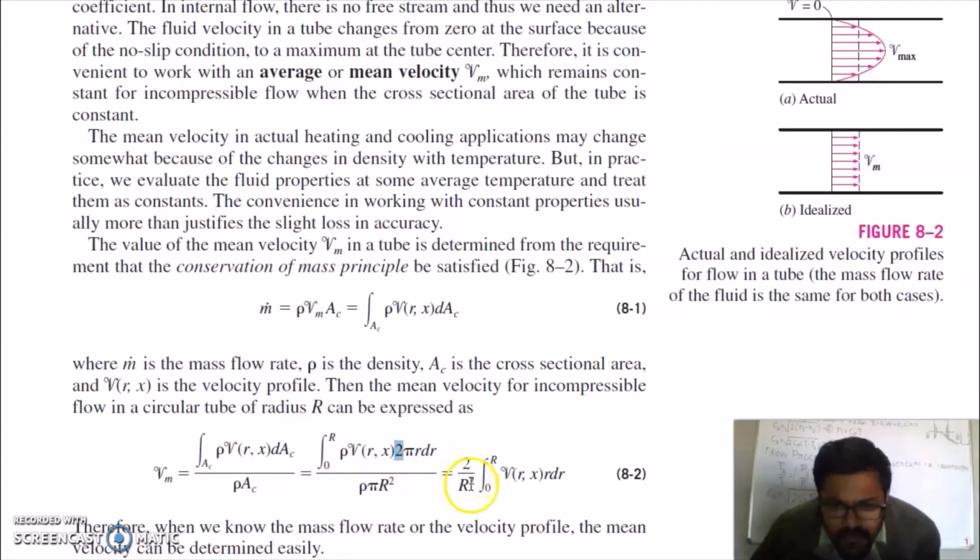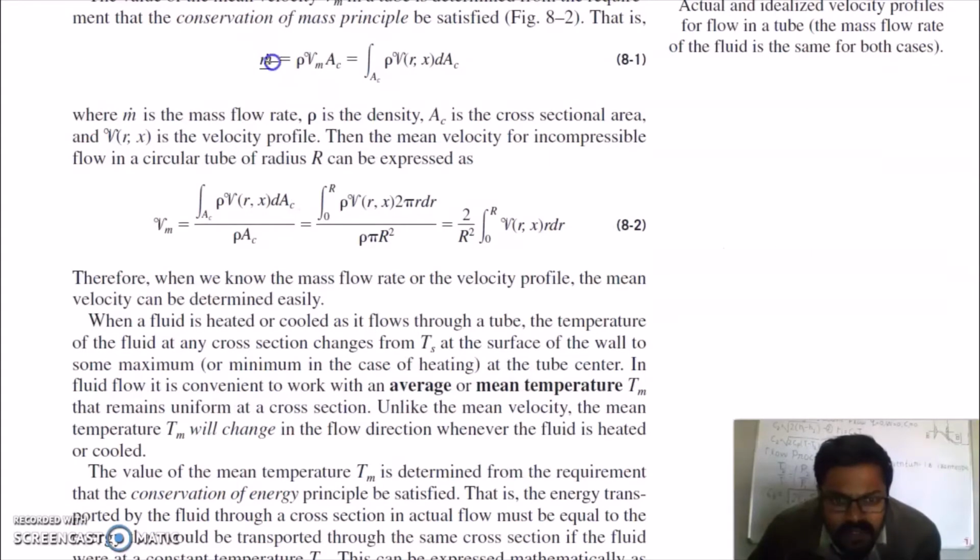It is 2 by R squared times the integral of V(r,x) r dr. So this is your average mean velocity. If you know the mass flow rate, you can calculate this average mean velocity. Also, if you know the velocity profile, you can calculate the average mean velocity.